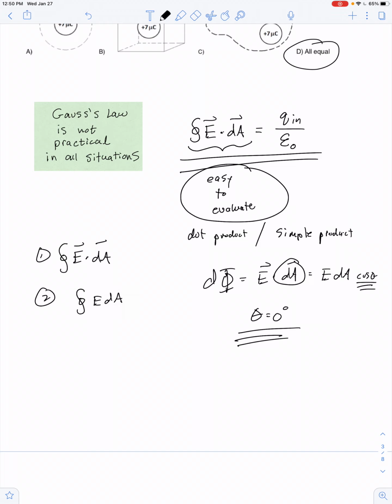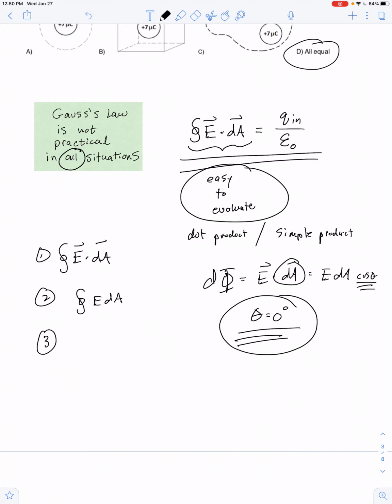In other words, get rid of the vector notation because we set it up so that the angle is 0. This means the geometry has to be right. The symmetry has to be right. Gauss's law is not practical in all situations, but is practical in situations where we can create a symmetry between the charge distribution and the Gaussian surface that we imagine to enclose it.